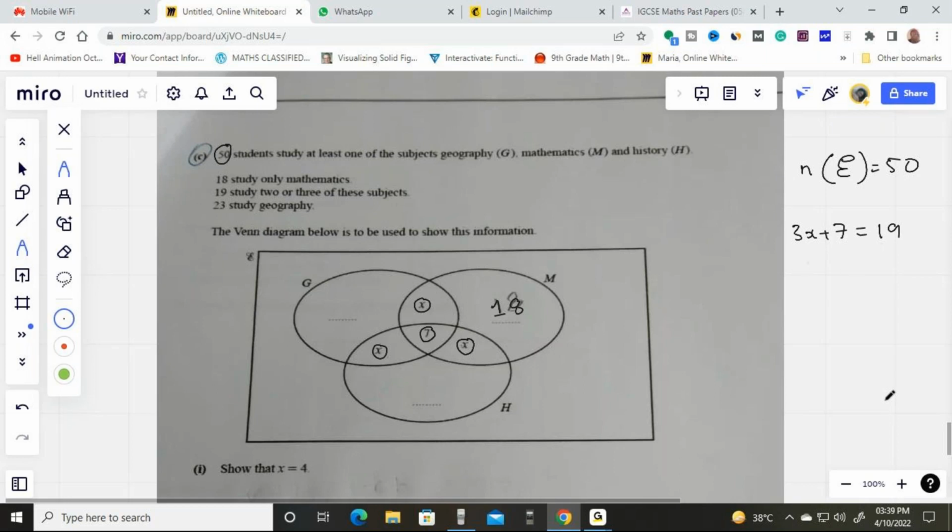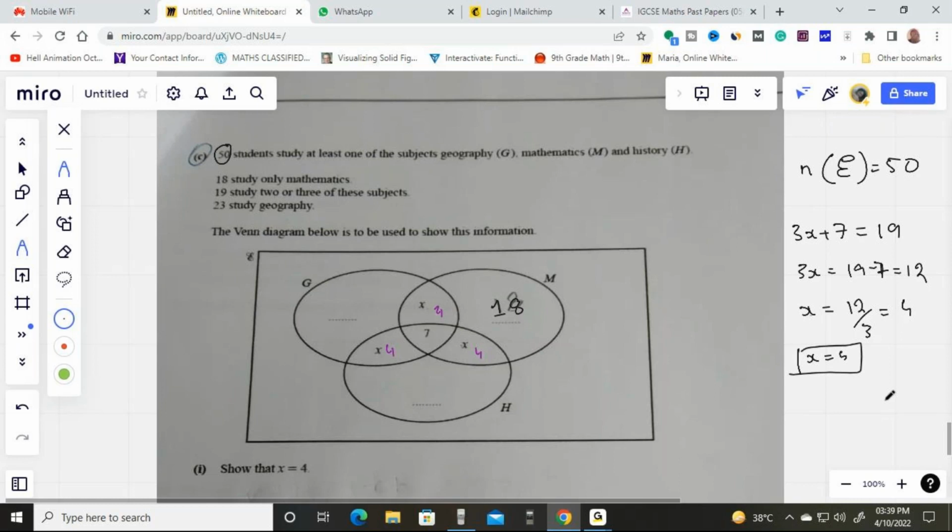So I can find the value of x here. 3x equals 19 minus 7, that gives me 12. So x is therefore 4. For convenience, I write 4 in place of x, 4, 4, 4 all around.